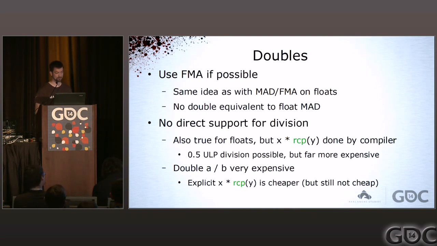And the same is true for doubles, even more so. By default, the compiler actually does a division as the full 0.5 ULP, so it's really, really expensive. So if you don't really care about that, you can do an explicit RCP instead. And then it gets a lot cheaper, even though it's still not cheap, but it's a lot cheaper than doing it as a division.